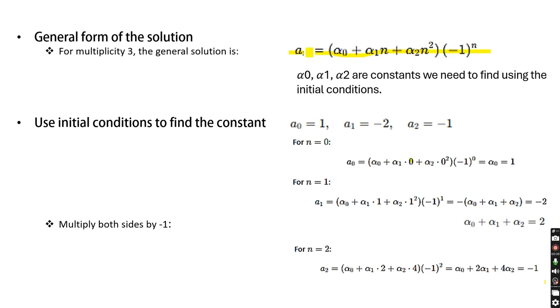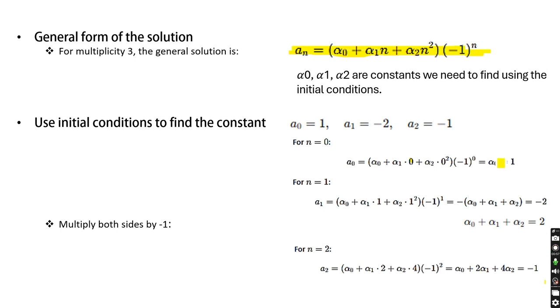And by the way, again, ang ato gigamit na solution is for the multiplicity 3. So, kung ikatulo nimo i-multiply ang roots. And then, A2 times 0 raised to the power of 2. And then, times negative 1 raised to the power of 0.